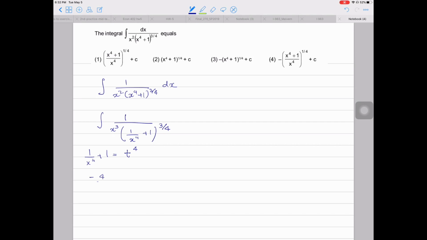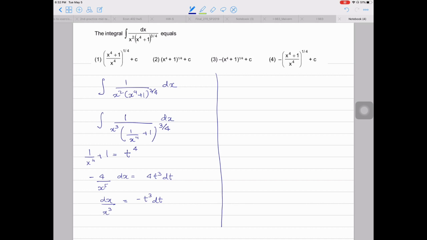So it becomes minus 4 over x^5 dx equals 4t^3 dt. It says that dx over x^3 equals minus t^3 dt. So here you can see that this term dx over x^3 becomes something nice. That's why we substituted as t to the power 4.